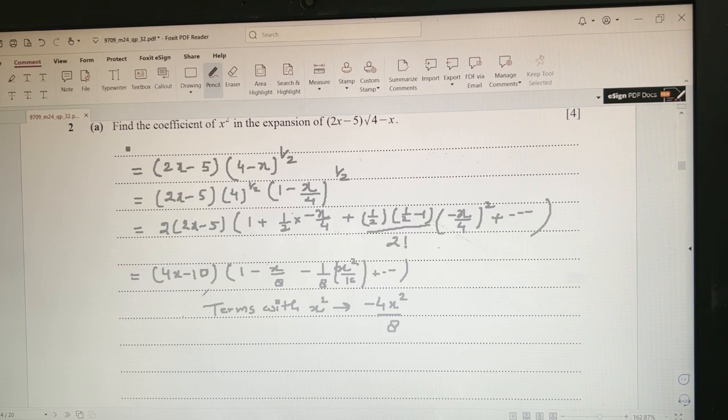So this negative 10 and negative 1 by 8 will become plus 10x square over 8 into 16. So we are looking for the coefficient of x square only.